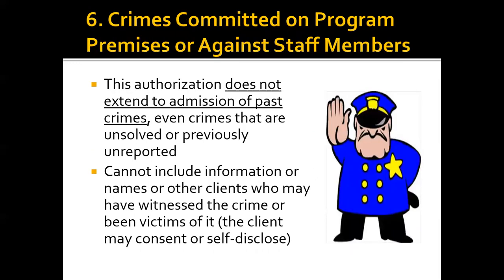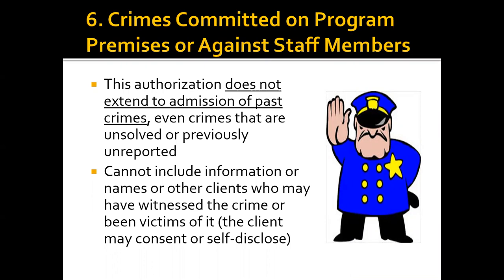All right, the sixth one, which is an interesting one. The sixth exception to confidentiality is crimes committed on the program premises or committed against staff members. So if a client commits a crime on the program premises, steals somebody else's purse, or does damage, breaks a window by throwing a chair through it, or something like that, then that actually could be reported.